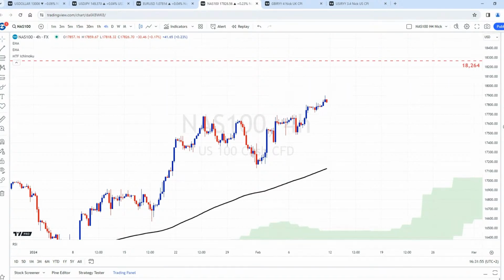Again, not much has changed here. As we have said, the tech-heavy index has largely overlooked this pushback from the Fed, partly helped by mostly strong tech results from the United States. We covered the earnings heavily, tech and otherwise.